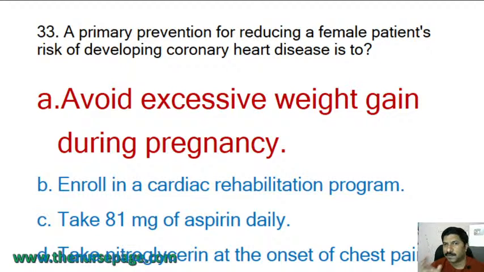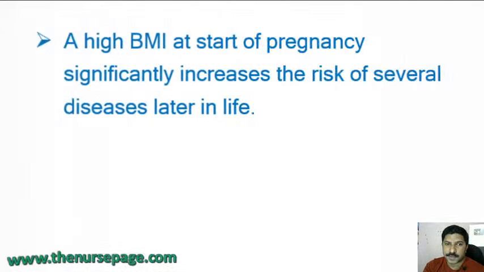Normally, the expected weight gain during pregnancy is up to 11 kg. More than that will be excess, which leads to high risk for coronary heart disease. A high BMI at the start of pregnancy significantly increases the risk of several diseases later in life.